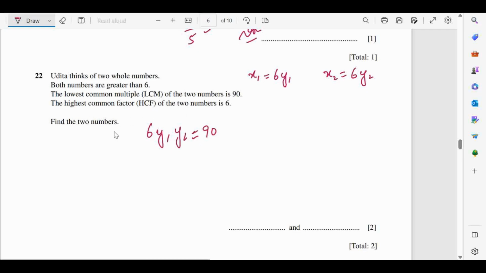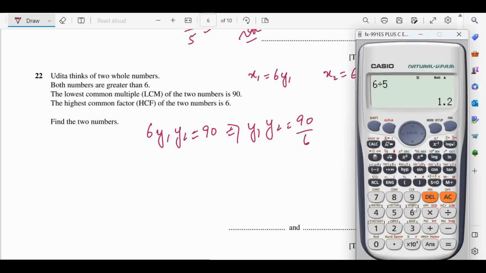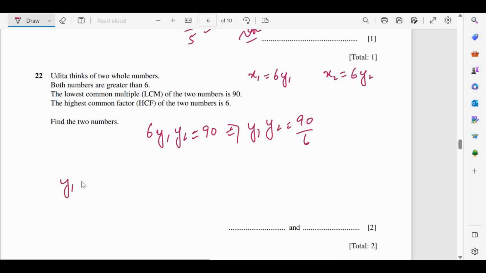The highest common factor (HCF) of the two numbers is 6. If we simplify, y1 into y2 is equal to 90 divided by 6. So 90 divided by 6 is equal to 15. So y1 into y2 will be equal to 15.